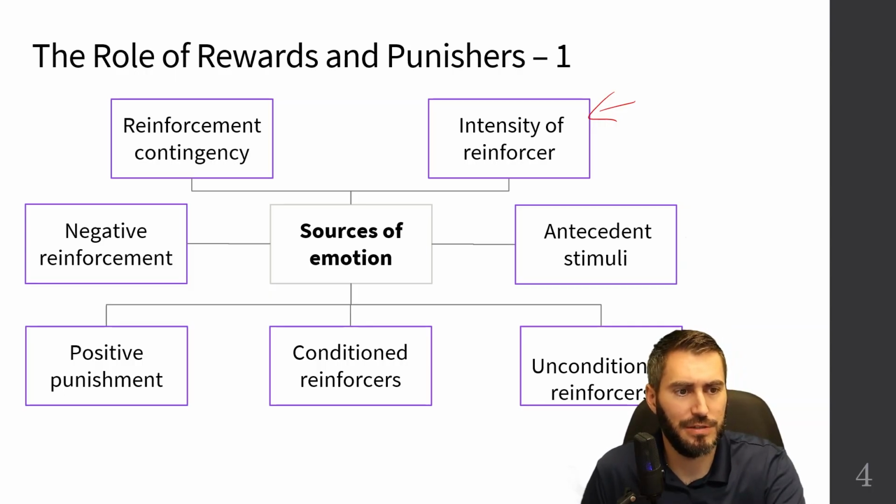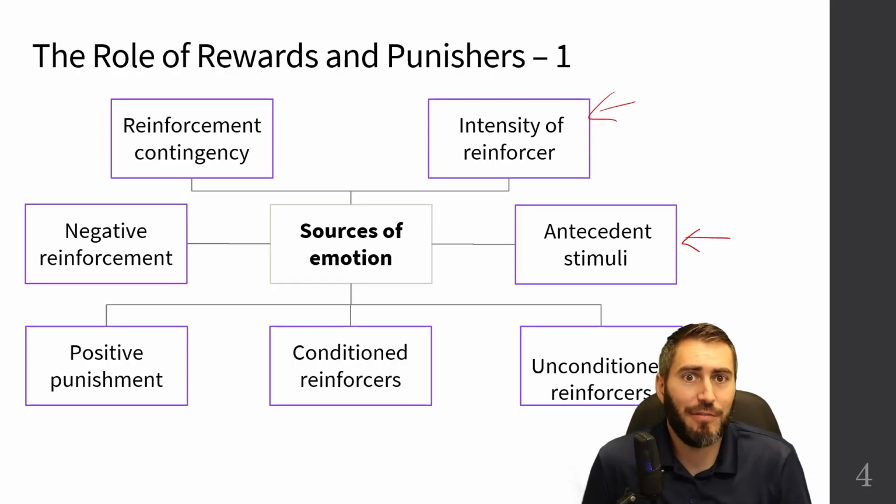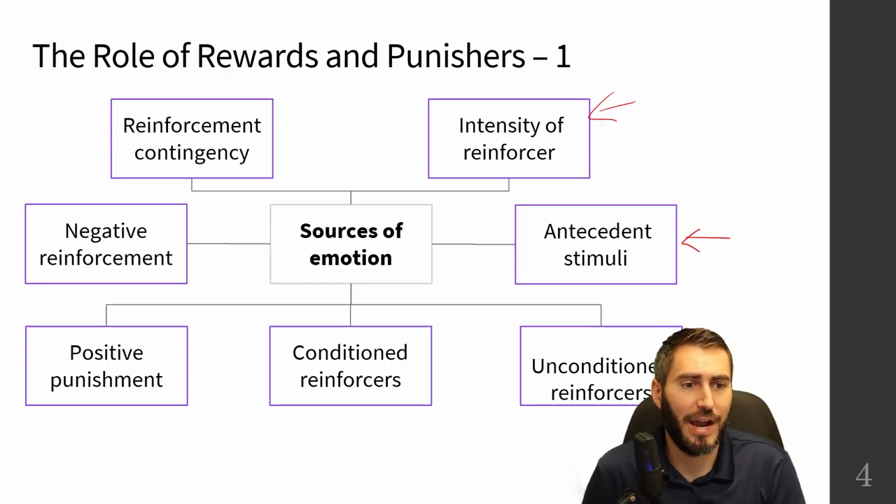We see things like, very simply, the antecedent stimuli. So basically just whatever comes first. That could be anything in the environment, anything presented to you that might cause some type of emotional response. But we also have conditioned reinforcers, which are things that we have learned to have some emotional response to.